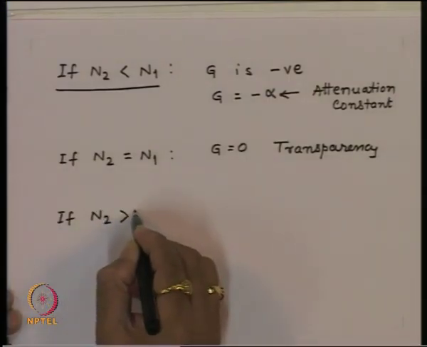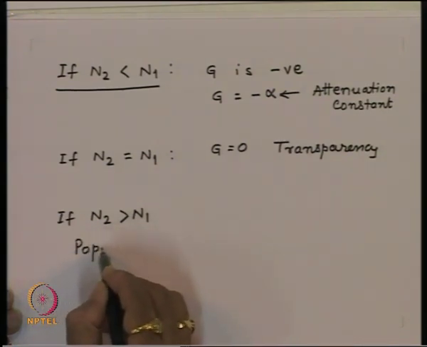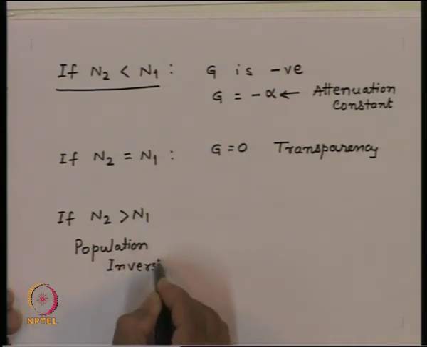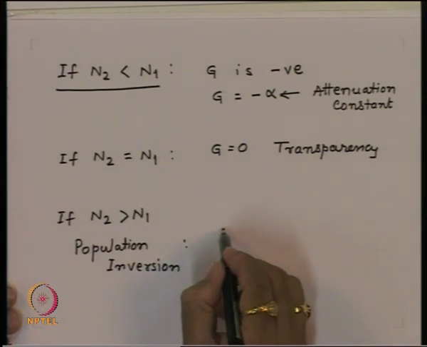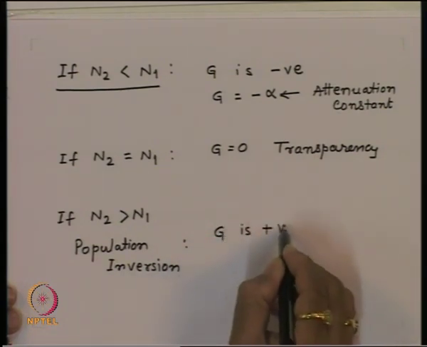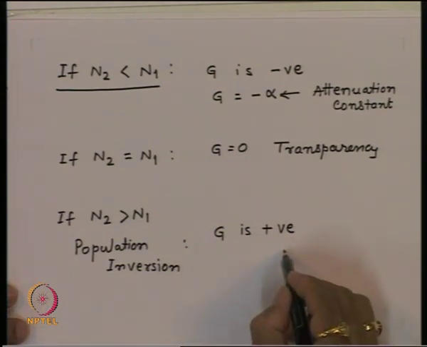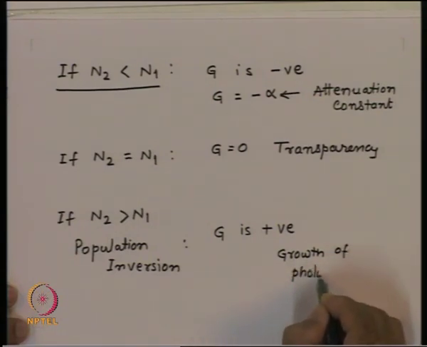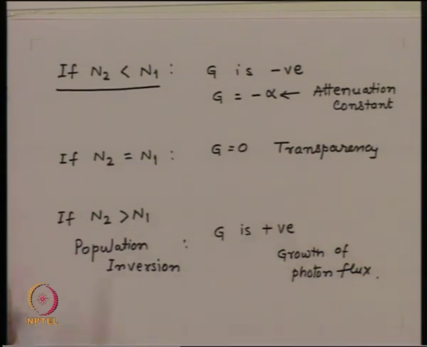Third possibility is if N2 is greater than N1, which is population inversion, then g is positive and you have a growth of the photon flux. So, we see that now quantitatively, whenever we have a population inversion, then the photon flux is going to grow exponentially inside the material as it travels.